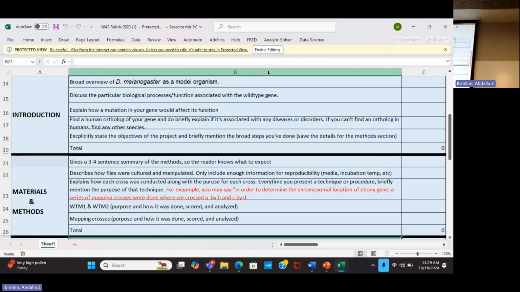So when we talk about those crosses, make sure to mention only information that is enough for the reader. Something important is the incubation, such as if you use antibiotics, maybe the content of the antibiotic, and generally in the freezer they should be stored.